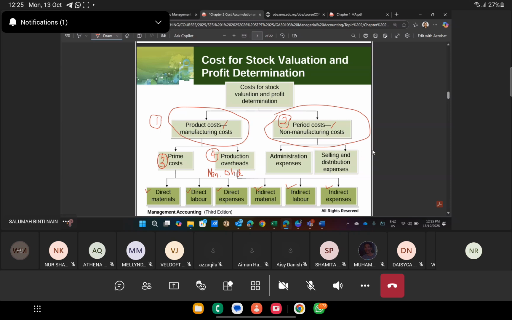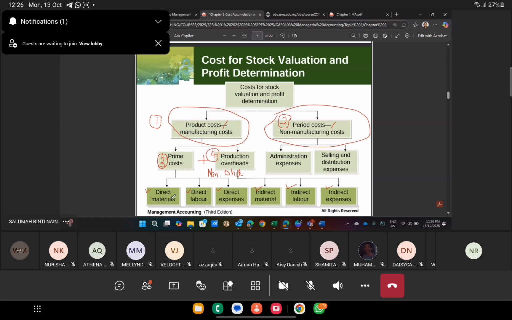Before we go to job order costing, process costing, activity-based costing, cost volume profit analysis, and all that, the first thing is you are able to identify what the product costs are. Product cost is actually the prime cost plus manufacturing overhead. But what are prime costs?